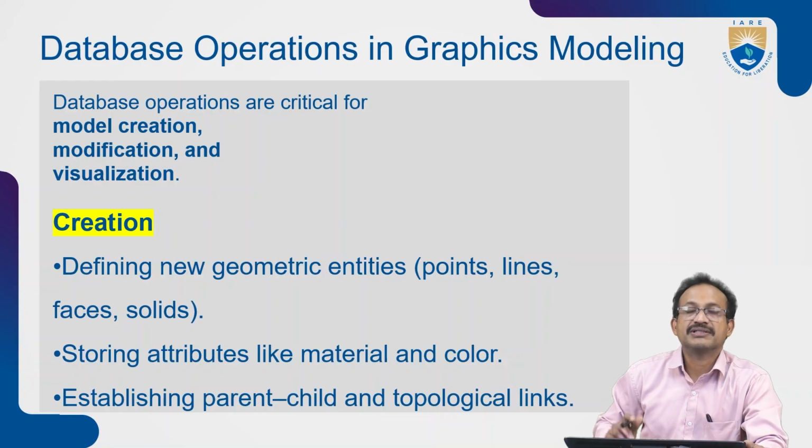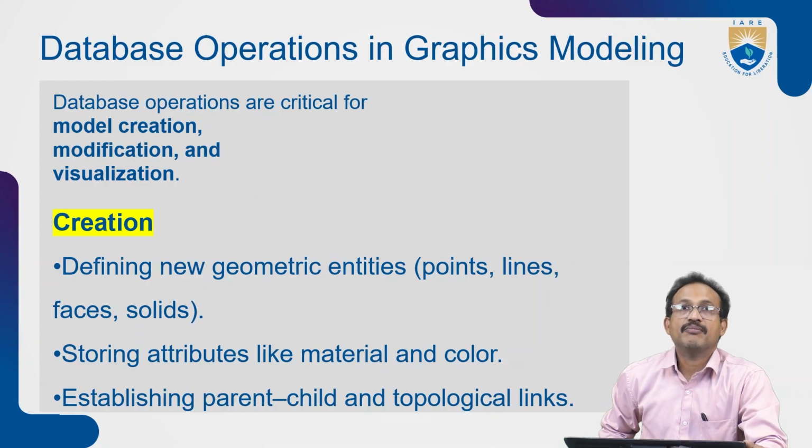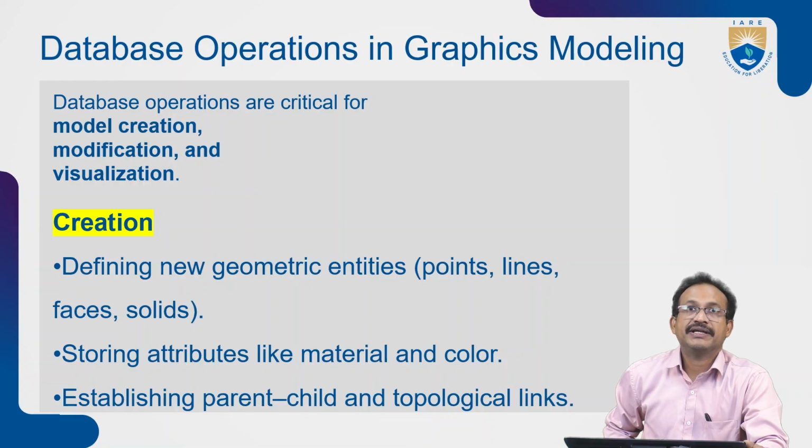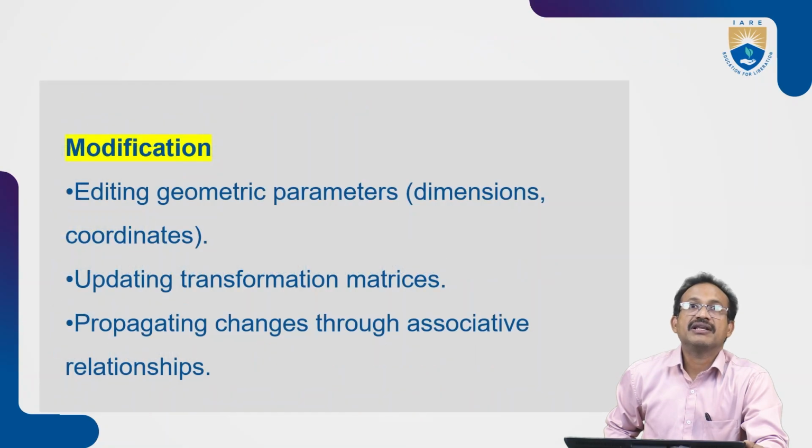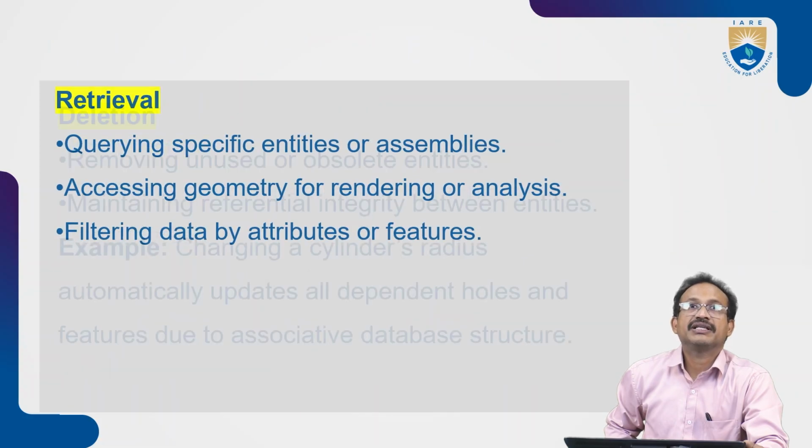Database operations are creation, modification, and visualization. Model creation means building a model, that is an image of an object with the CAD features, and subsequently we can edit or modify the earlier created features. And finally, we can analyze, or use it for retrieval.